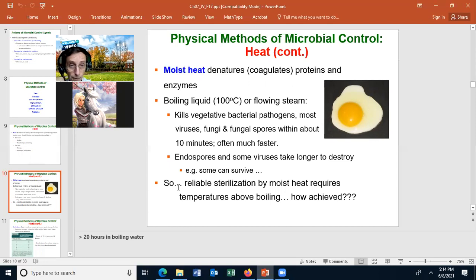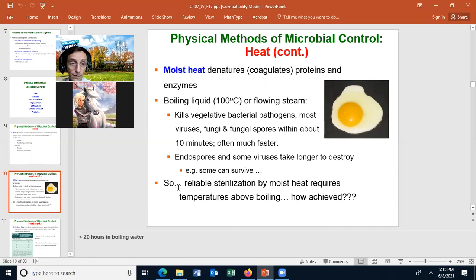You have to be at a very high temperature before you start killing endospores. Or you expose them to a very long time of heat, like boiling water. The endospores will die over time. It's just they die slowly. So reliable sterilization by most heat requires temperature above boiling.